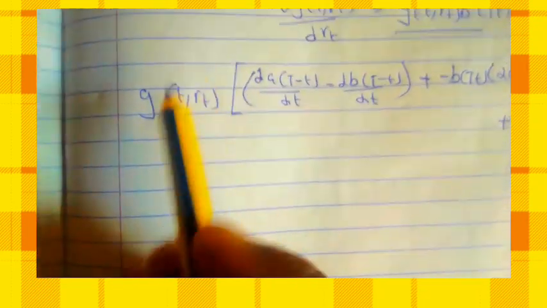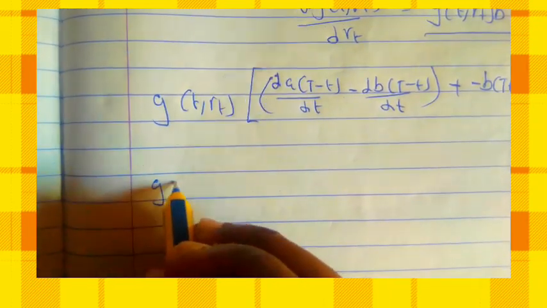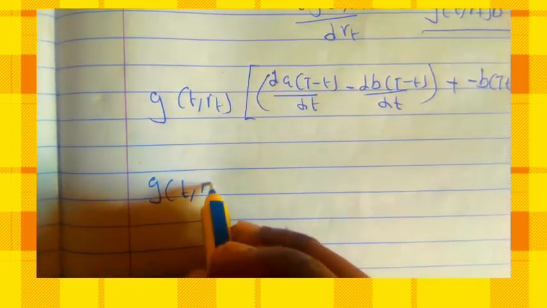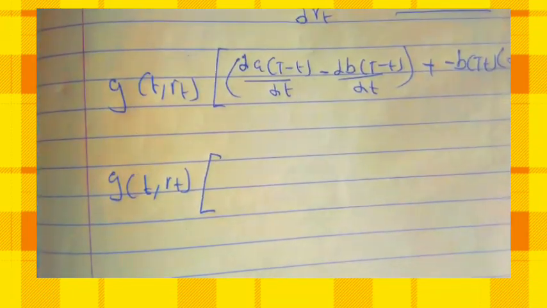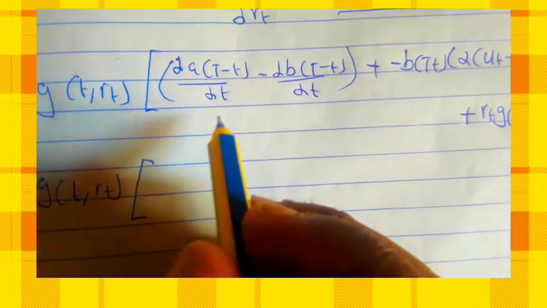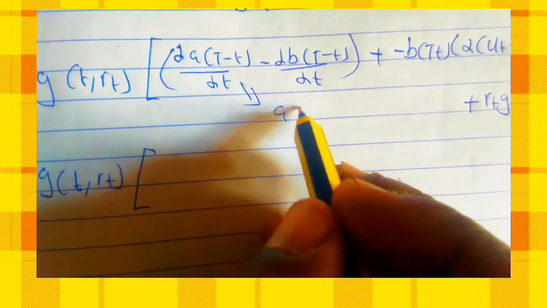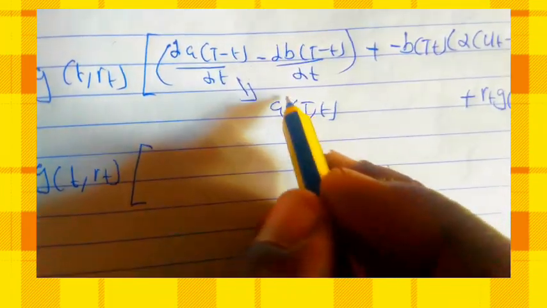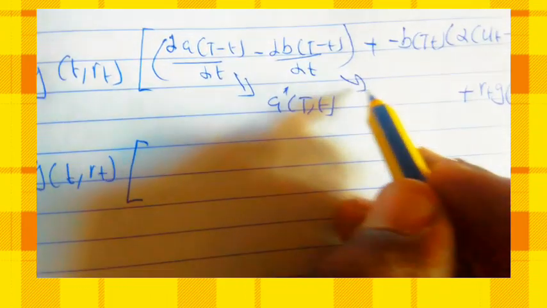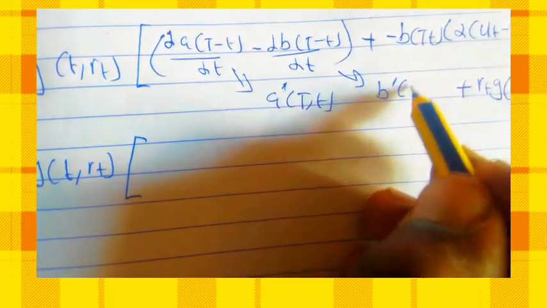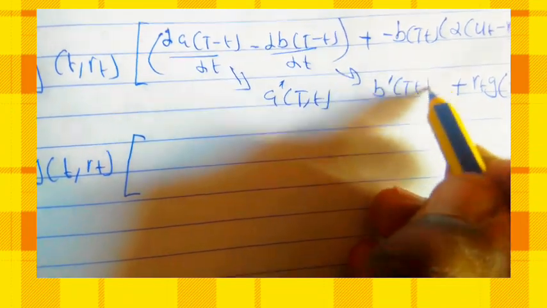So from this point we can say g(t, r_t), we can change this one to be A prime(T, t), this one to be B prime(T, t).